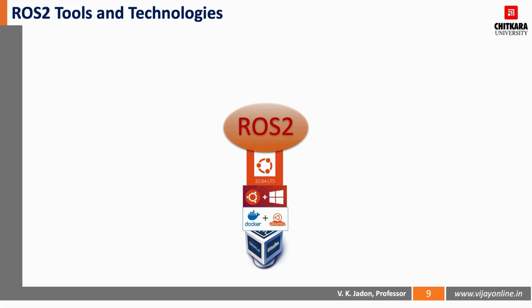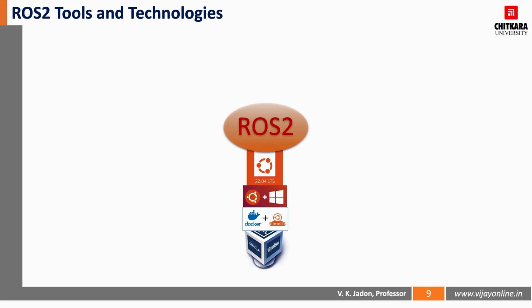You can install Ubuntu on a standalone machine, or use a dual boot system, an Ubuntu virtual machine, or a Docker container. Ubuntu virtual machines and Docker containers are recommended only for non-GUI applications.